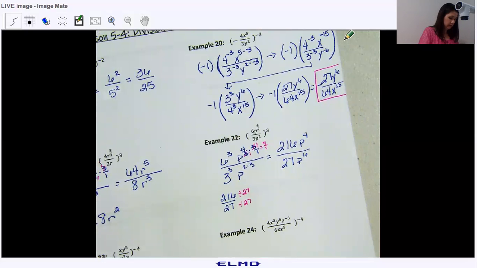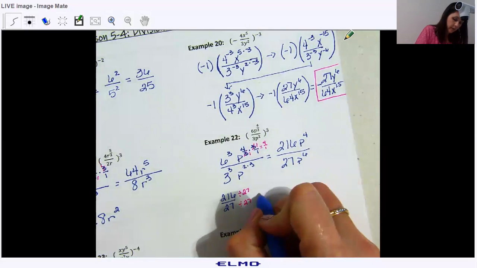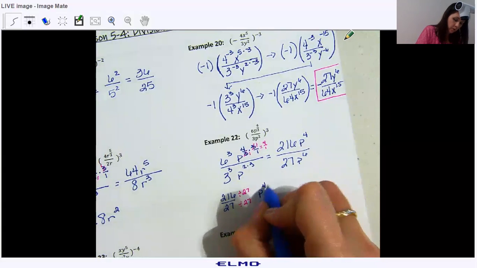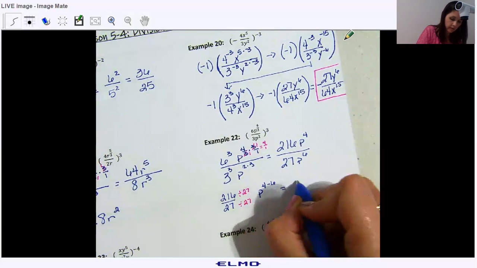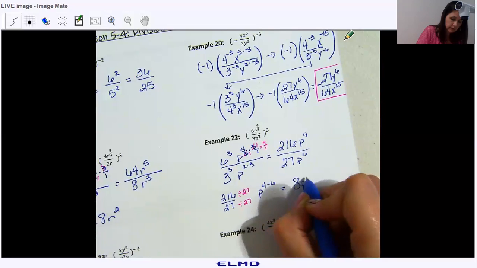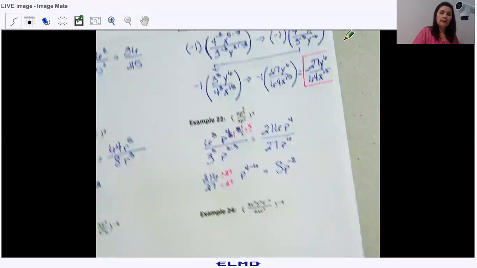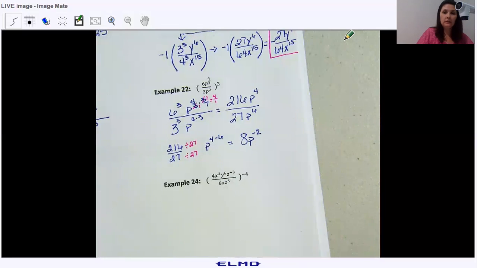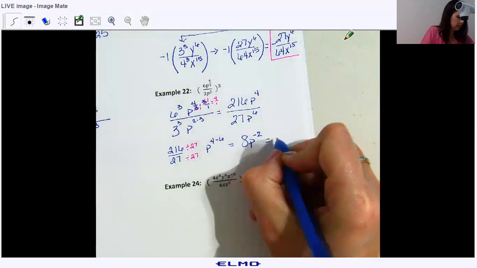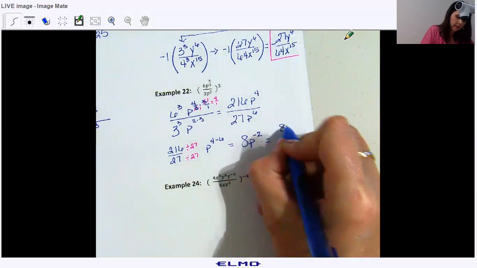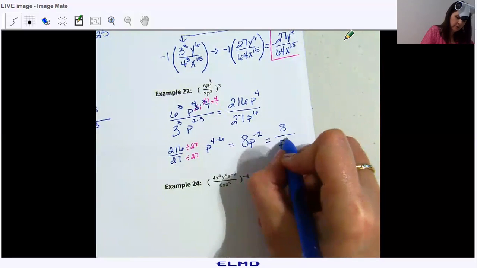So 216 divided by 27 is 8. And then we have p to the power of 4 minus 6. So we have 8 p to the power of negative 2. And we can't have that negative, so we're going to have to move the variable down. So we end up with 8 over p to the power of 2.